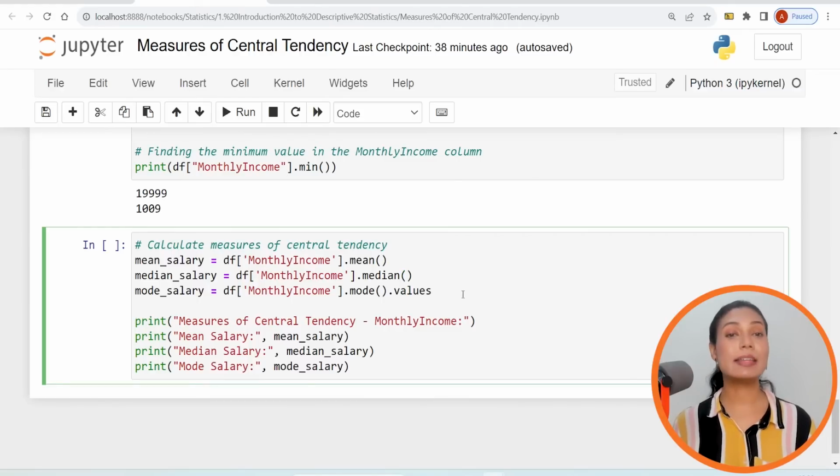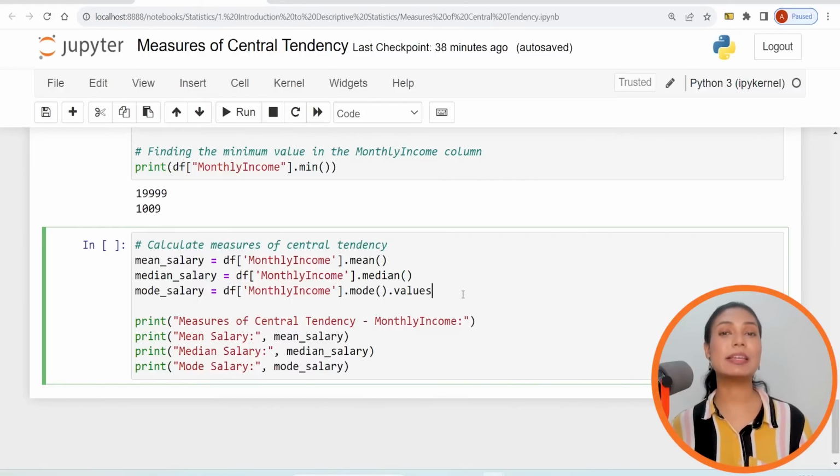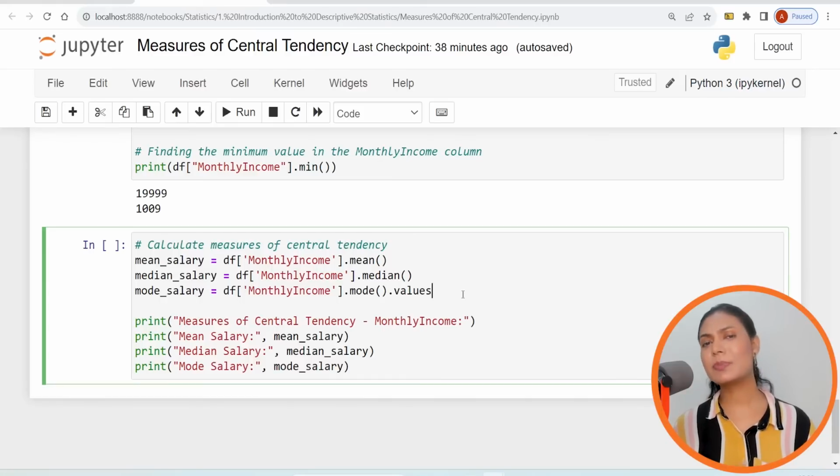The third line calculates the mode of the monthly income column in the data frame df and assigns it to the variable mode salary. The mode represents the most frequently occurring values in the monthly income column. The mode function returns the mode and the values attribute extracts the mode value as an array.